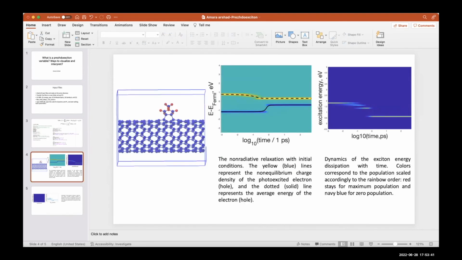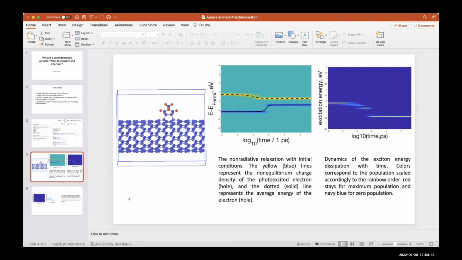This is my model that I use for this calculation, that is the CNT with some defect, and that is the normal relaxation with initial condition, in which the yellow line represents the charge density of the photoexcited electron, and the dotted line represents the average energy of electron. And then this is the simple excitation energy, how it changed with the time scale.